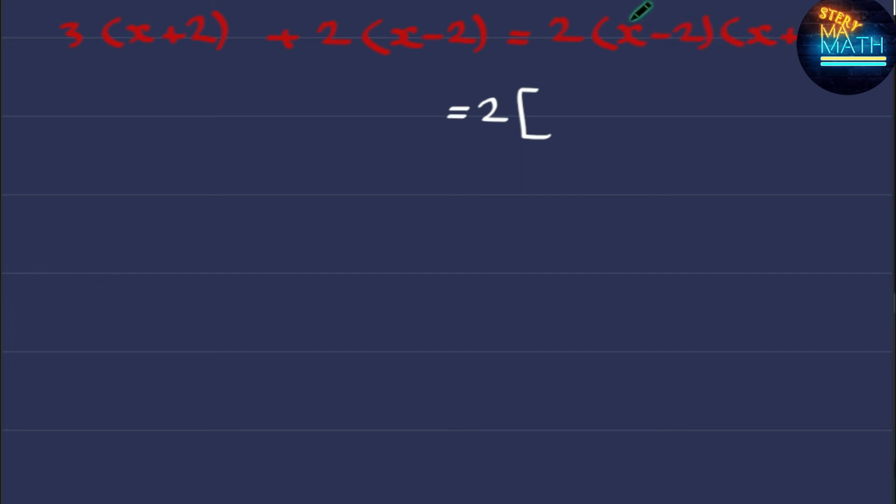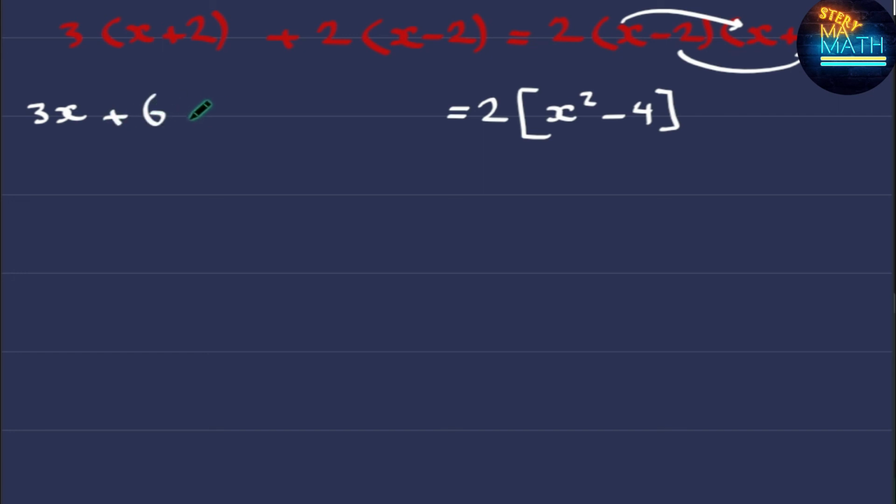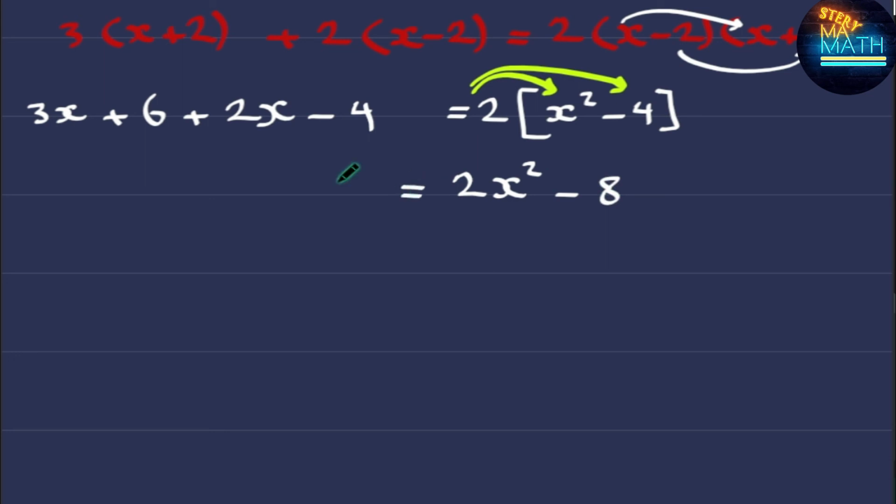So you just multiply the first term by the first term and the second term by the second term. x times x is x squared, and negative 2 times 2 is negative 4. Don't forget the 2 outside the parentheses. Keep the left-hand side, 3x plus 6 plus 2x minus 4. As you have 2 outside, distribute it: 2 times x squared is 2x squared, and 2 times negative 4 is negative 8.